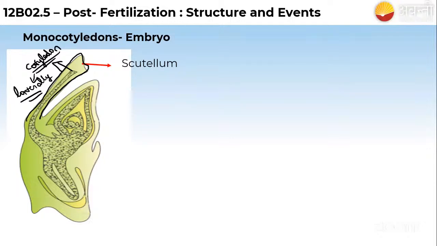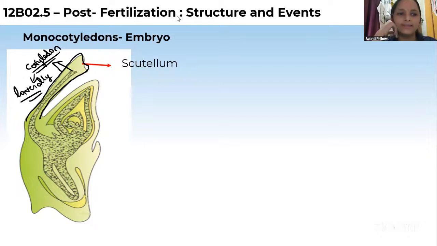Your face is located at the center, whereas the hands and legs are located laterally, right? Here also, in the monocotyledon, the cotyledon is located laterally. So this is called the scutellum.